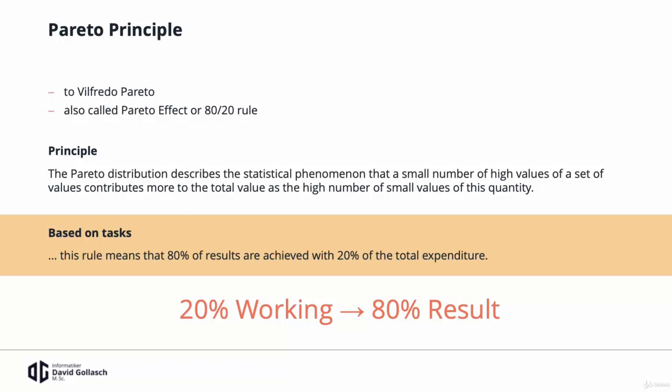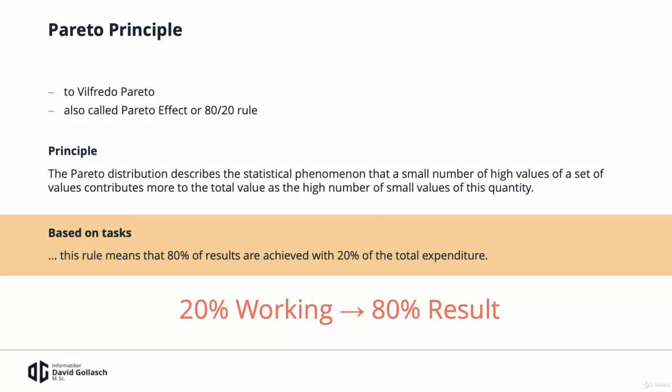But the important thing here is that among the list of all the tasks you have to fulfill to get a certain result, for example to finish a project, you can identify more or less 20% of the tasks. Considering each task has more or less the same effort in terms of resources like time, you could say that 20% of all the tasks are responsible for 80% of the result.